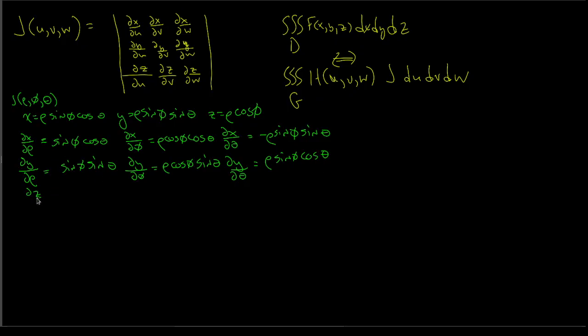Z with respect to rho is cosine phi. Z with respect to phi is negative rho sine phi. And z with respect to theta is 0.